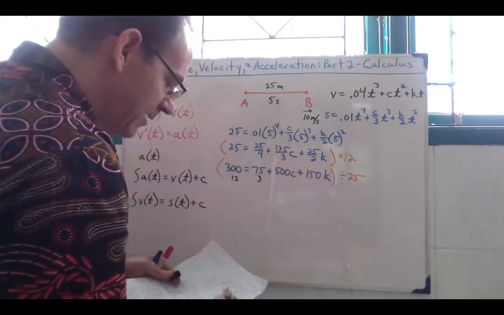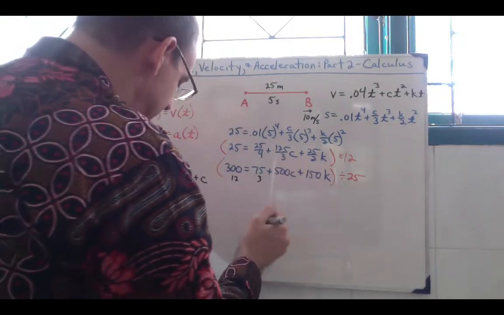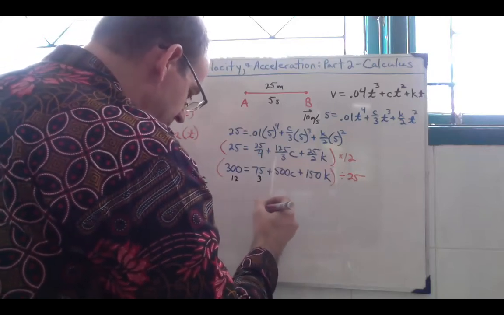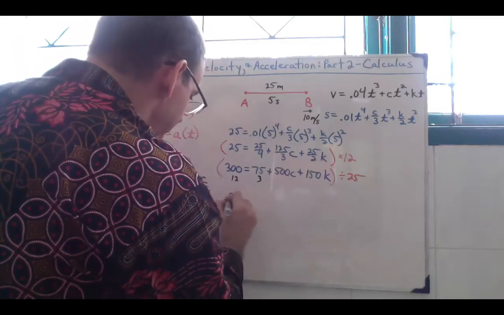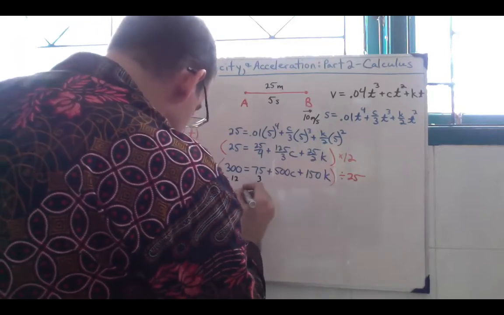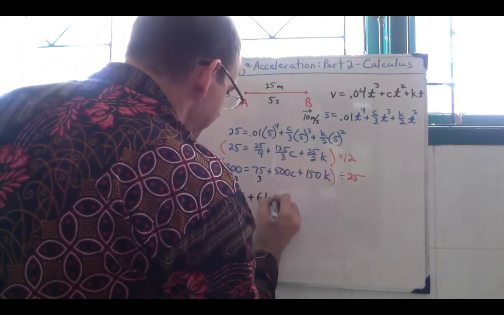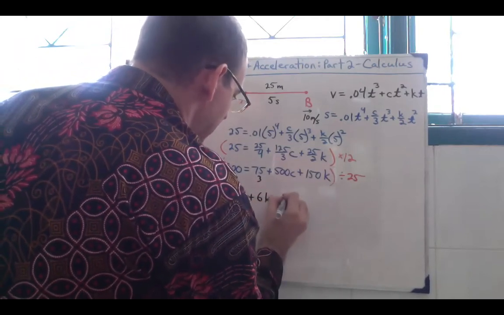And then when we divide 500 by 25, we get our 20. So we end up with 20C plus 6K equals 9.